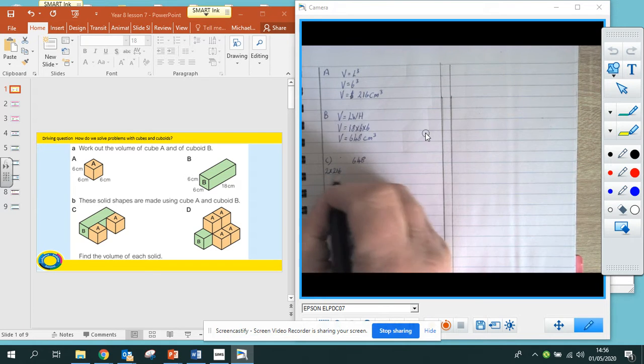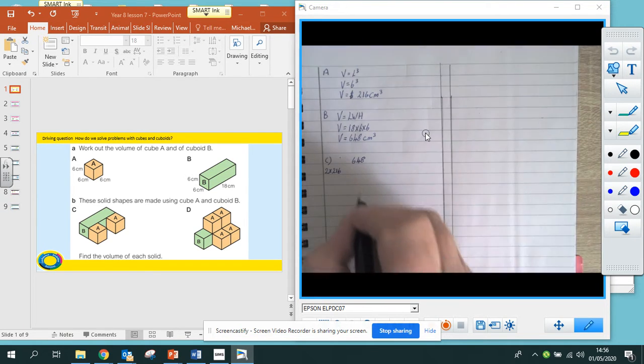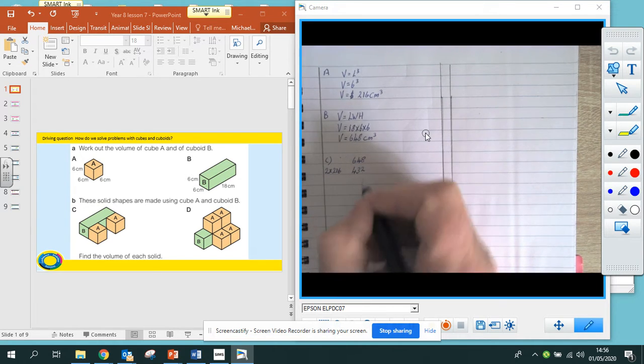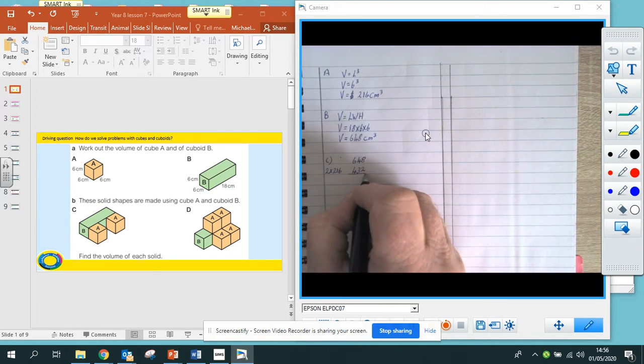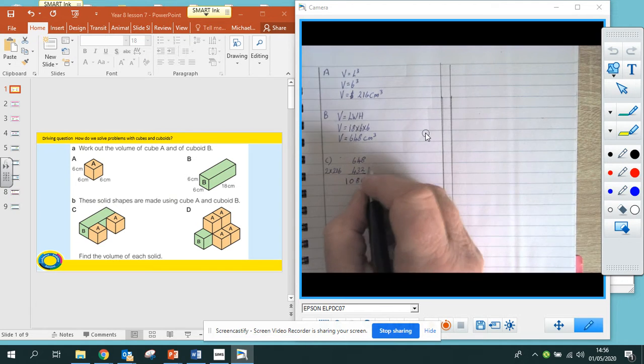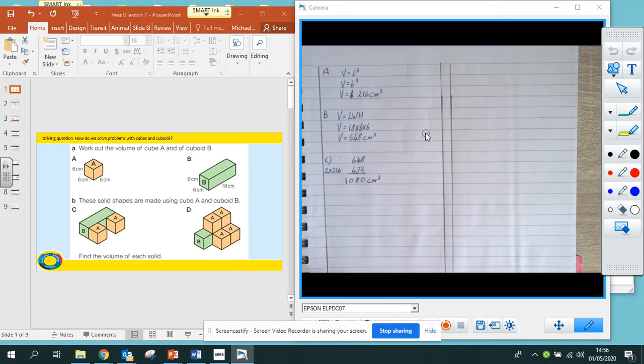So if I multiply 216 by 2, I get 432. And if I add those together, I get 1080. And since these are both cubic centimeters, the answer must be cubic centimeters as well.